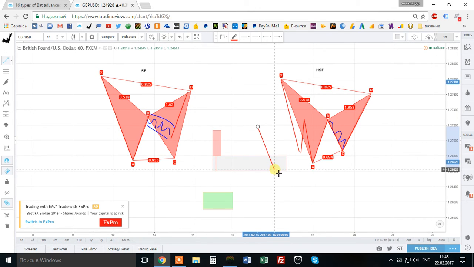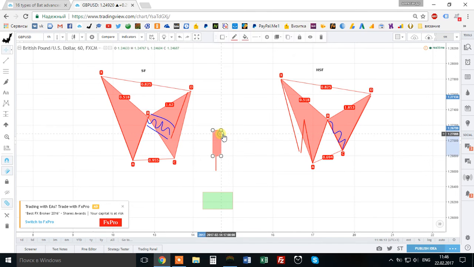So it can be equal, C equals A at maximum, because for a bad pattern the C point invalidates if it goes past A. So the double bottom here means that it should enter this zone between the lowest close and the lowest low of the A point. In case of bullish patterns, it should be inverted.